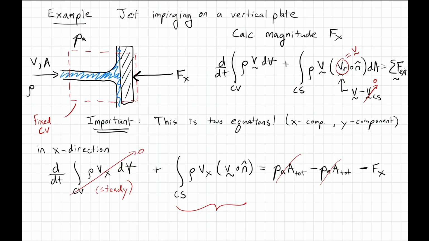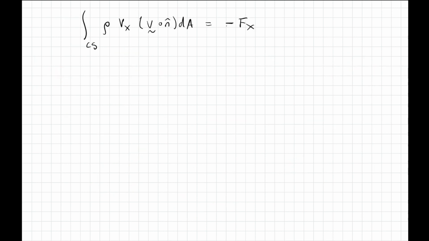So let's go back to our picture. Really what I need to do is perform the integral in this region right here. And if our velocity is uniform, then we can just write everything in there as rho times v. That's the velocity in the x direction on that surface, times v dot n, which is minus v.